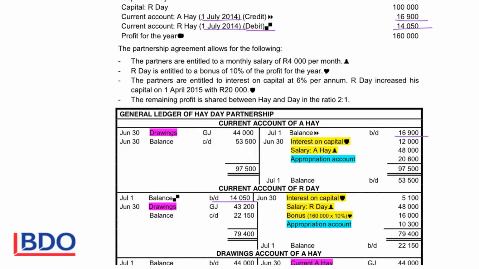So I will credit the salary in the current account of Hay, 48,000, and in the current account of Day, 48,000. And I have to go and create a salary account expense to do the double entries on the debit side.